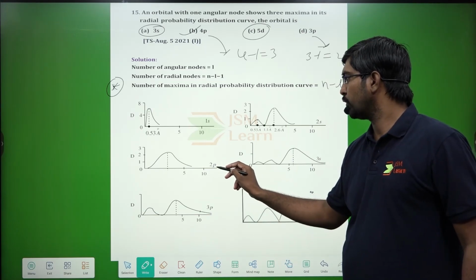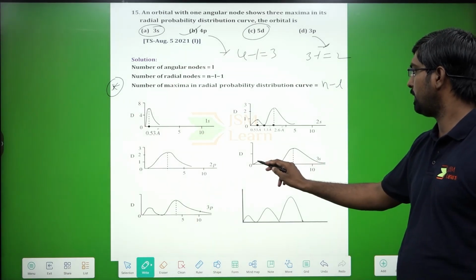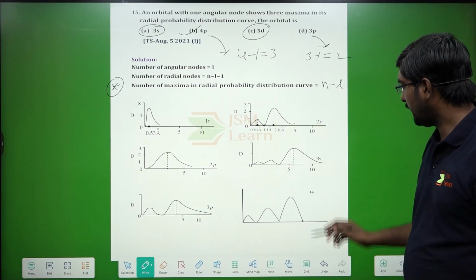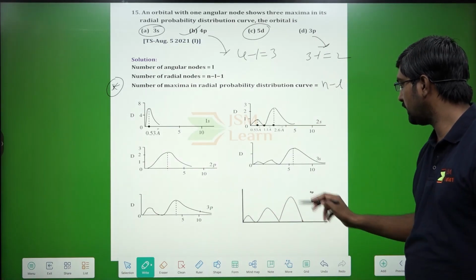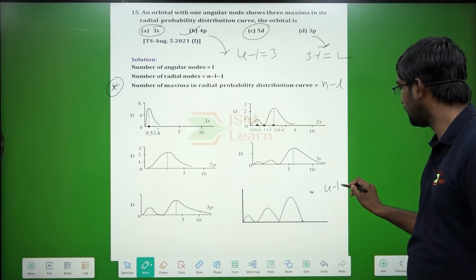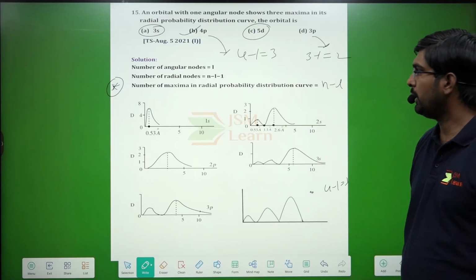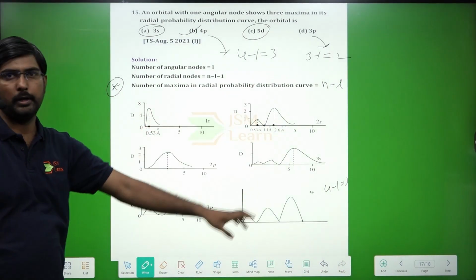For 2p, 2 minus 1, 1 maximum. For 3s, 3 minus 0, 3 maxima. So like that. For our question, for 4p, 4 minus 1, 3 maxima we are getting. Already we calculated here. So this is another very, very important one. Clear?